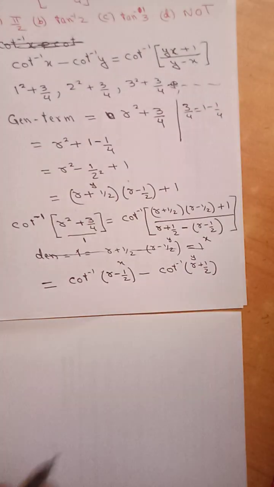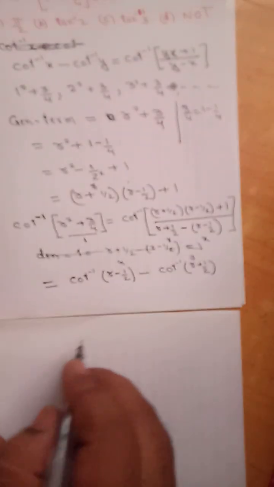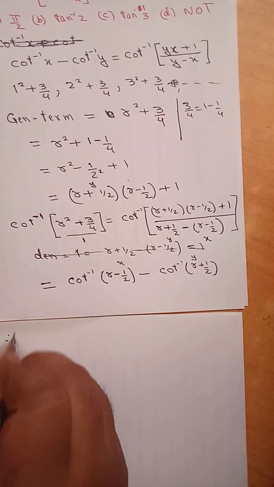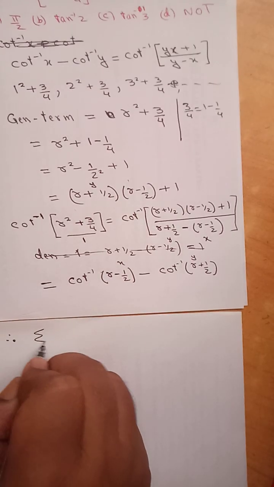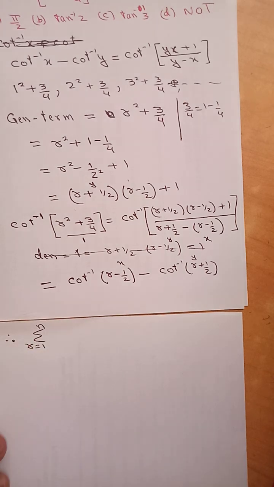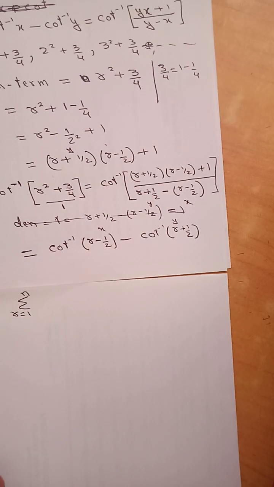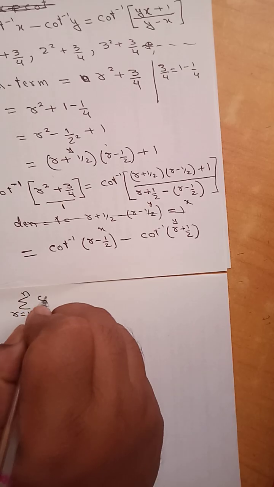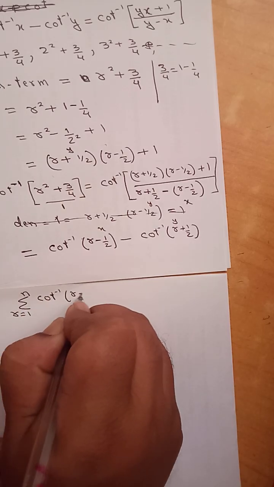We need up to infinity. Therefore, sigma of r equal to 1 to infinity: first I will take n, later on I will shift to infinity. Sigma r equal to 1 to n of cot inverse of (r minus 1 by 2) minus cot inverse of (r plus 1 by 2).